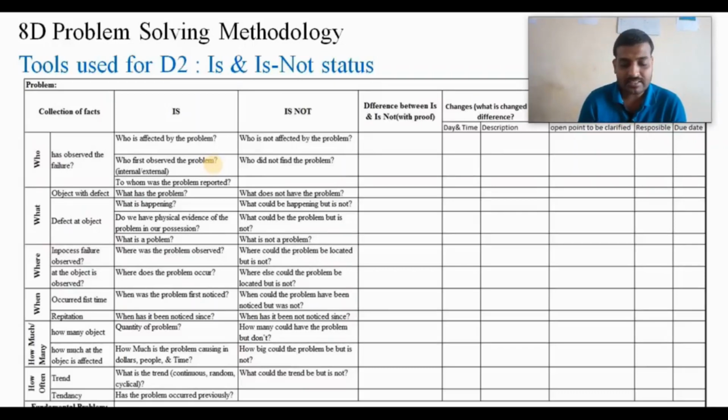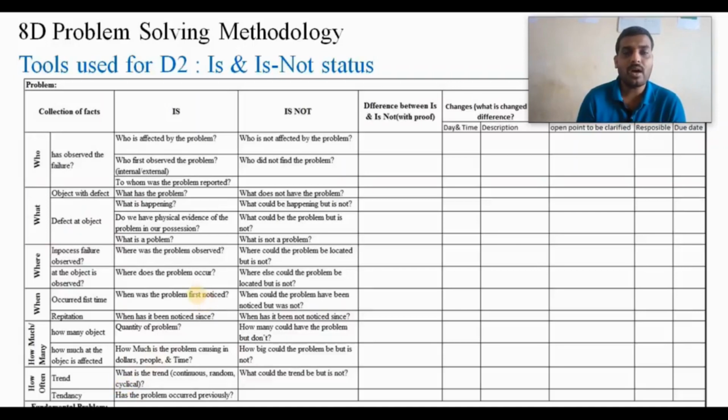Like this, you have to answer this questionnaire in the is and is not statement. Then for the difference between is and is not, you have to give photographic evidence for each. So this will drill down to the fundamental problem. This is about step D2, that is, problem description.